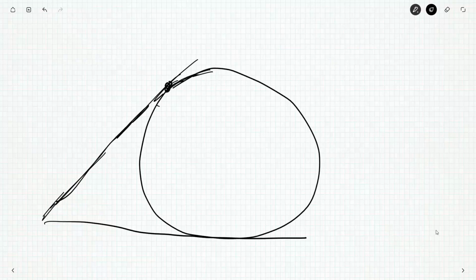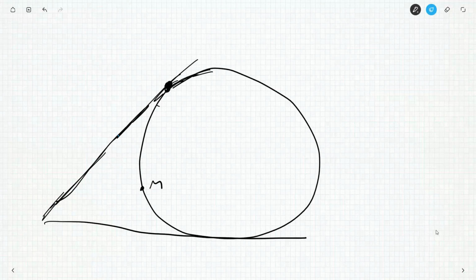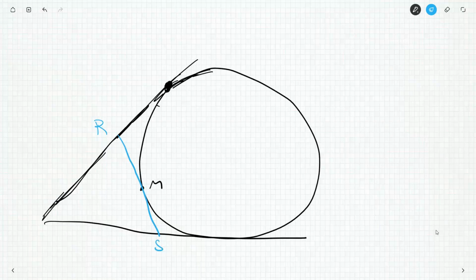Alright, so we've got our circle, and we've got M, and we've got what I'm calling R and S. From those guys, we have these tangent points Y and Z here, and that determines our perimeter for ARS.